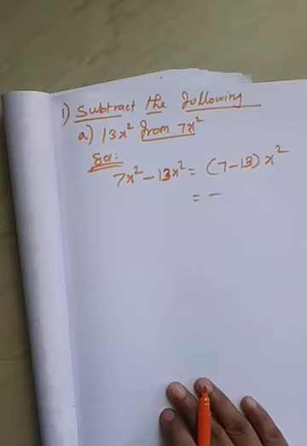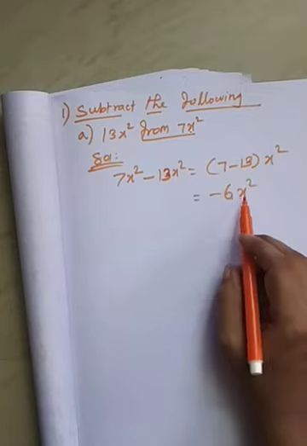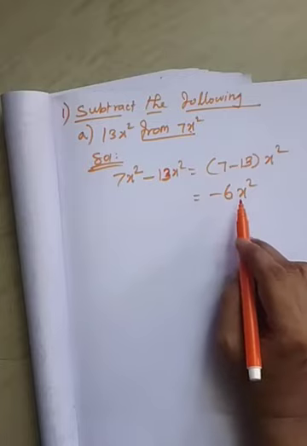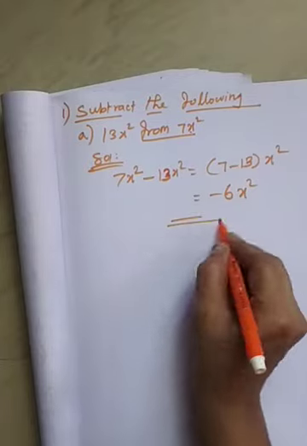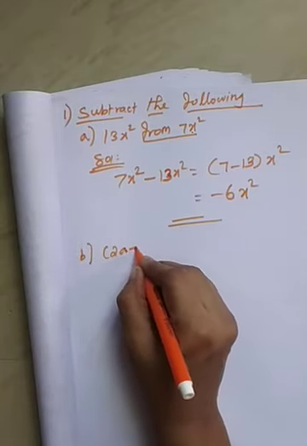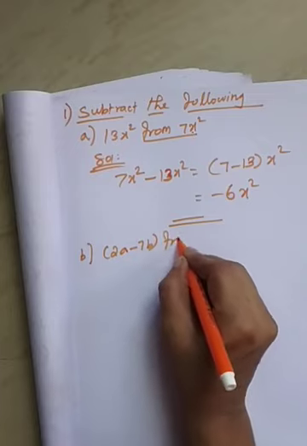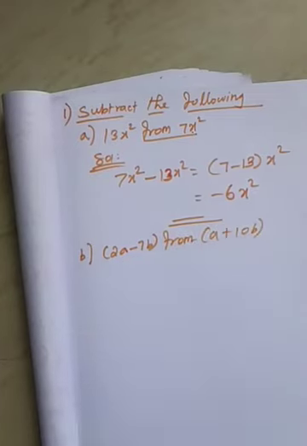After that you have to subtract the smaller value from the largest value. See, 13 minus 7. What is 13 minus 7? 6. Write it with x squared. So what is your answer? Minus 6x squared. Okay. See the next problem. 2a minus 7b from a plus 10b.